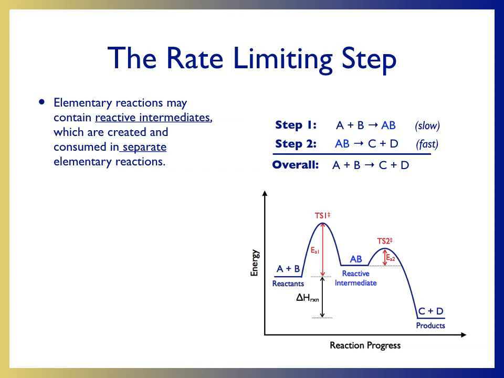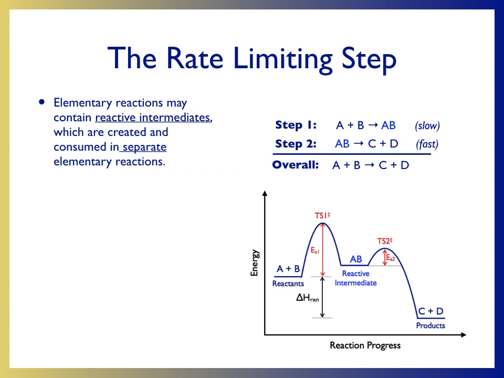On the right is an example of a simple 2-step reaction, for the reaction A plus B gives C plus D. In step 1, A plus B collide to form the reactive intermediate AB.